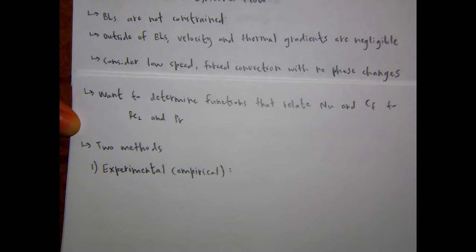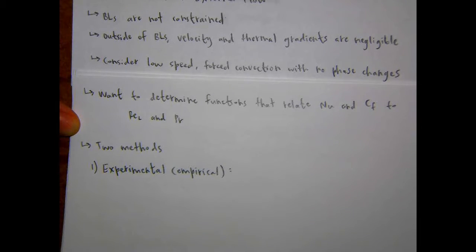So experimentally, how you do that is basically perform lab experiments using a bunch of different sizes and flow speeds and fluids, and cast the results in terms of the relevant dimensionless parameters, the Reynolds number and the Prandtl number, and you'll hopefully get some sort of trend where everything collapses onto one curve.